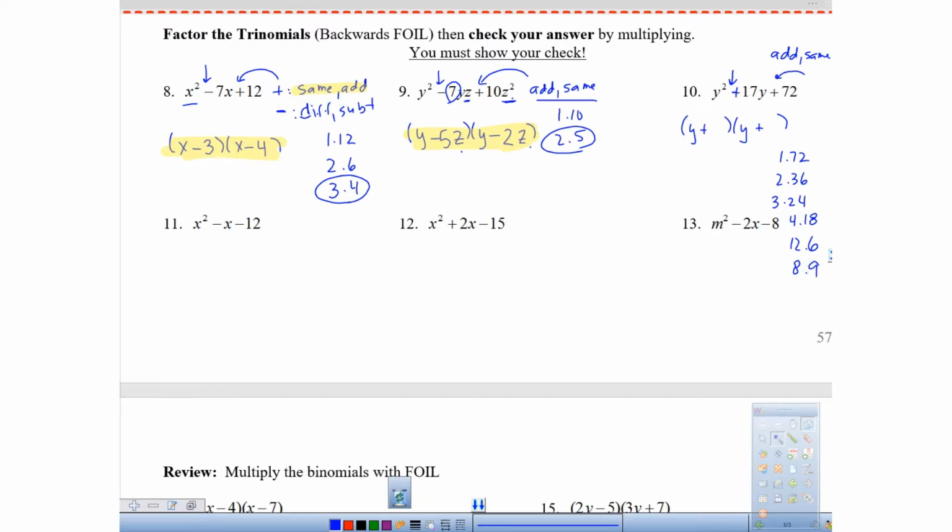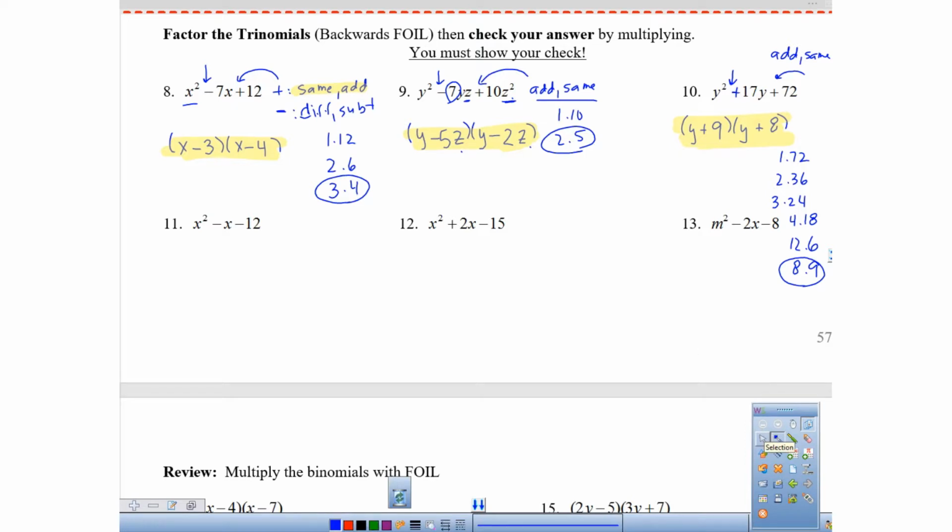Okay, trying to find a pair that adds to give me 17, and there it is, 8 and 9. It doesn't matter where they go, because the parentheses are identical, so you could write it as y plus 8 times y plus 9, or vice versa.